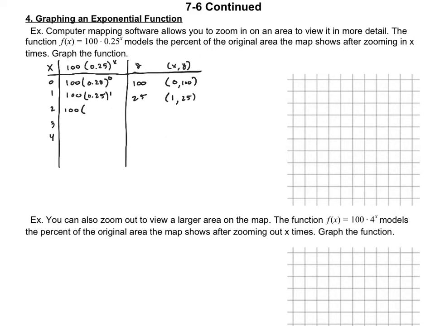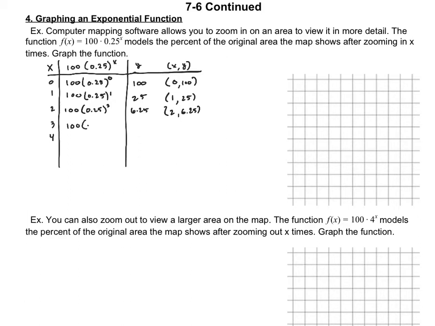Then 100 times 0.25 squared, which turns out to be 6.25. So I have 2, 6.25 as my ordered pair.